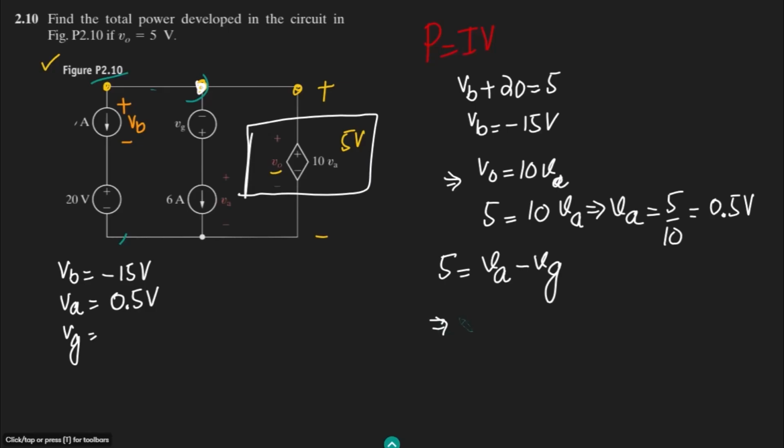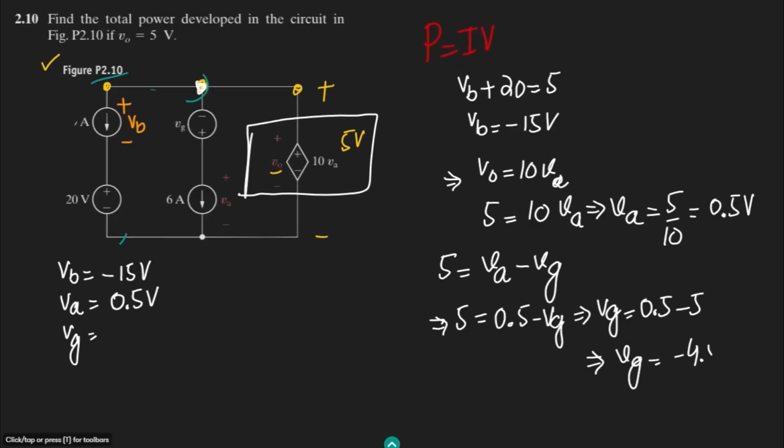So 5 is equal to VA, which is 0.5, minus VG. To find VG, we have 0.5 minus 5, so the value of VG would be minus 4.5 volts. Therefore this is minus 4.5 volts.